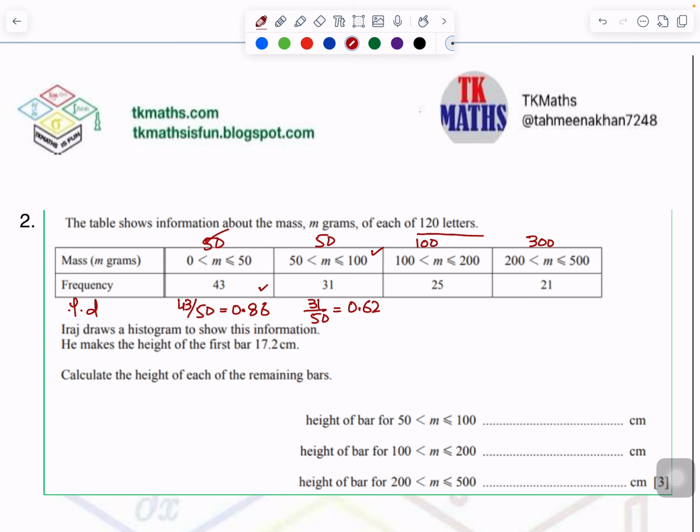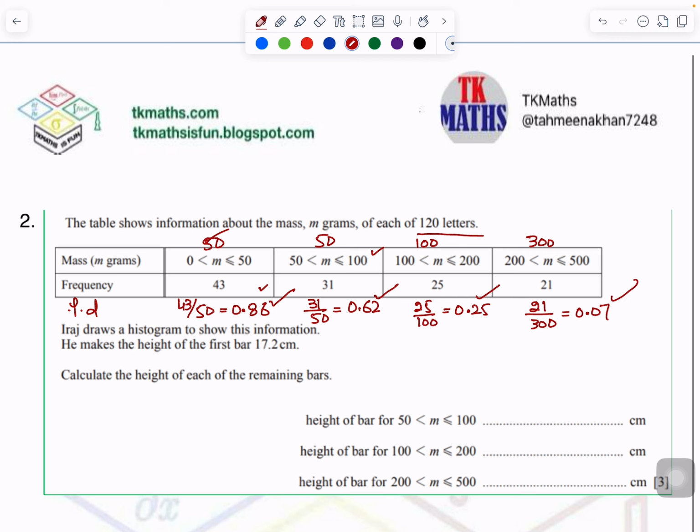I'm doing it on the calculator, so you can also use your calculator. Here it is 25 divided by 100, because it is frequency divided by class width, so it is 0.25. And the last one, 21 divided by 300, equals 0.07. Now, if Iraj was drawing the histogram, the heights would be 0.86, 0.62, 0.25 and 0.07.